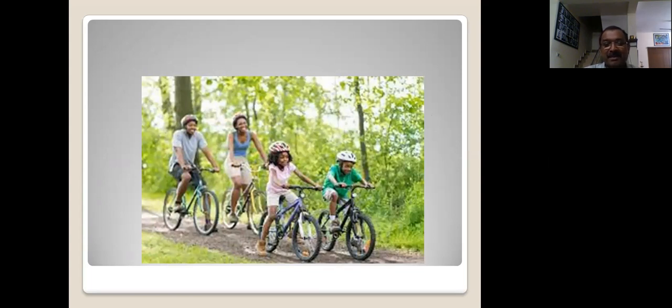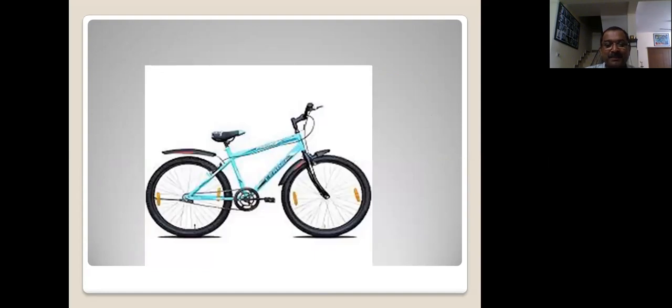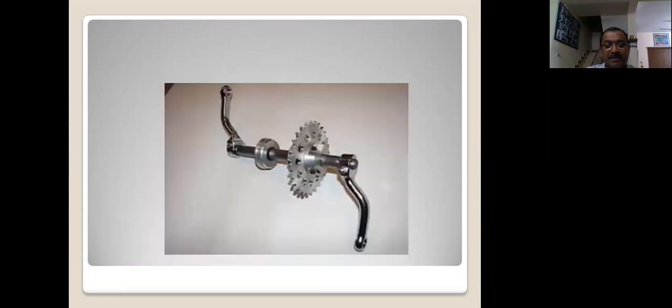Okay, Satish, next. This is a bicycle, and right now you have to concentrate on its pedal, the cycle pedal. Okay, Sandesh, next. So actually this is the cycle pedal.